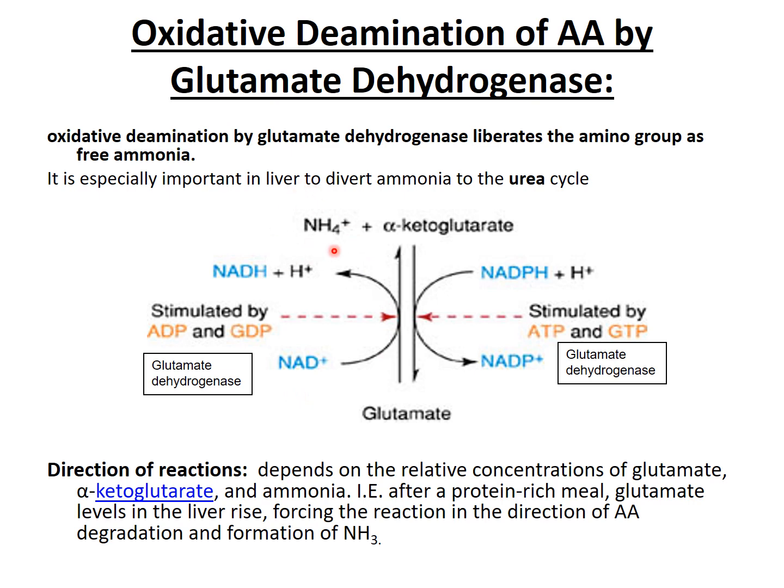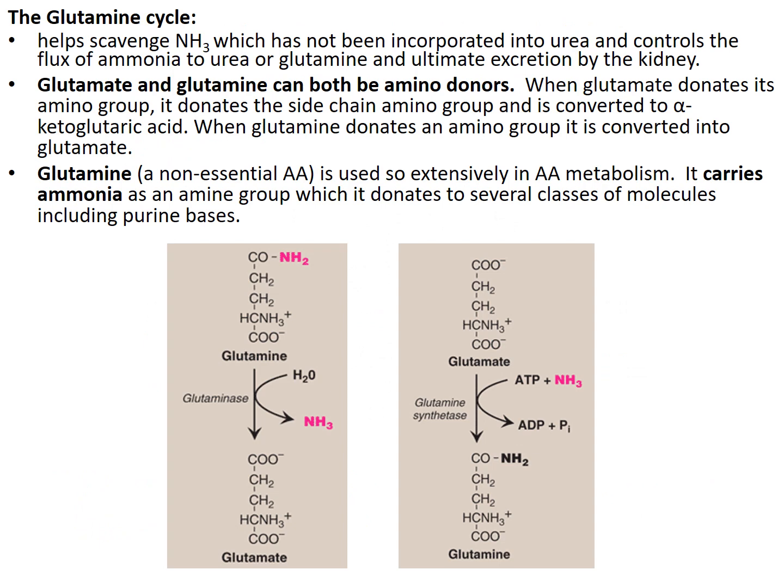Of course, you need to know that it's ammonia which is produced, and it needs to be eliminated through the urea cycle.